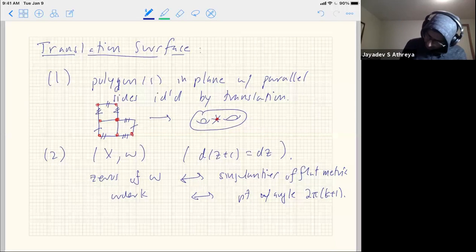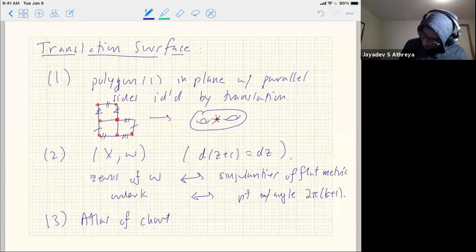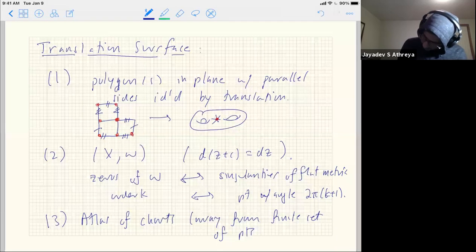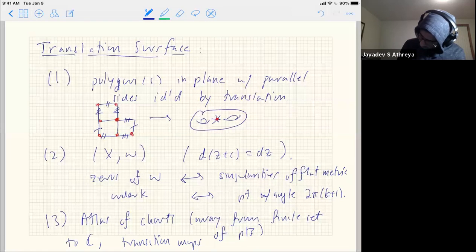And then there's this third definition, which is an atlas of charts away from a finite set of points, such that the transition maps are translations.